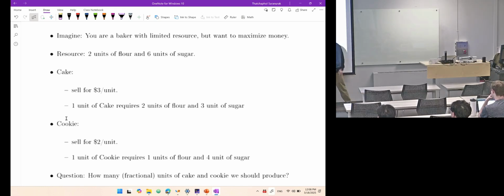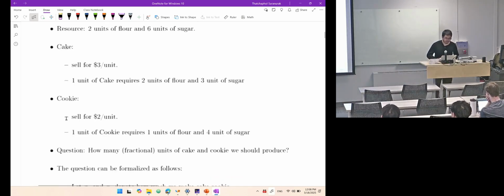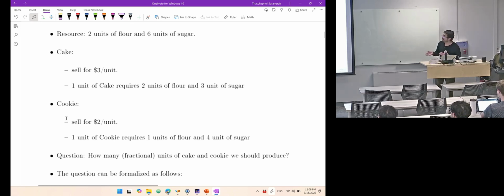How much should you make of cake and cookies? That's the question. You don't need to calculate this, but my point is that the question can be formalized mathematically in terms of something that we call a linear program.